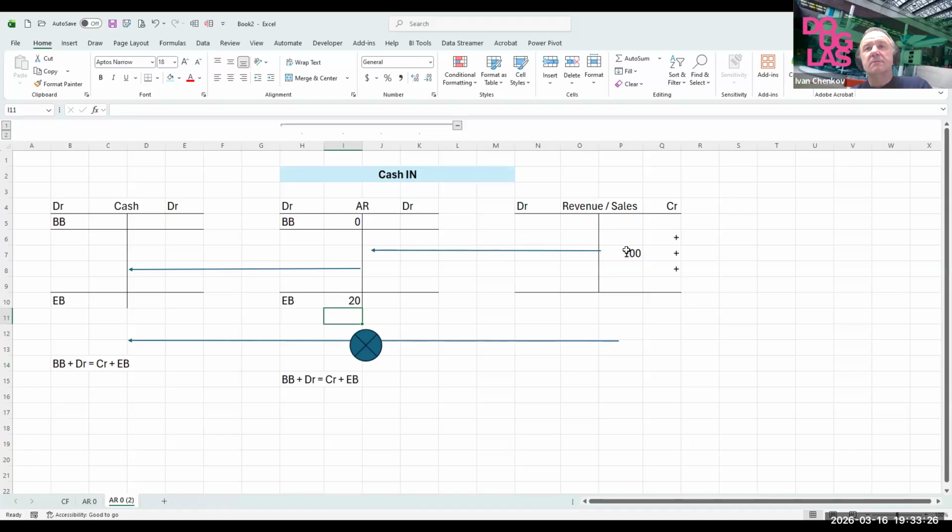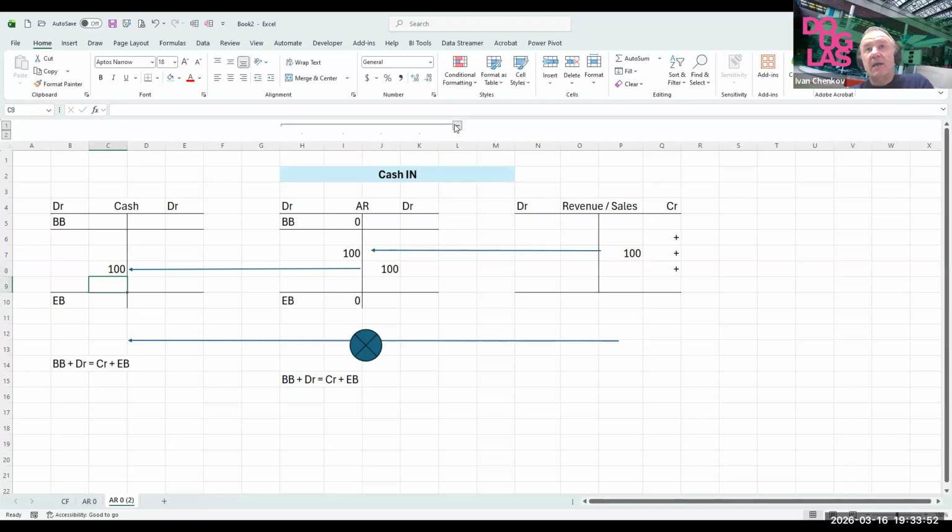Did I collect my sales? We already saw if my balance here is 0, that means the $100 that comes in here is the $100 that I'm collecting as cash, correct?